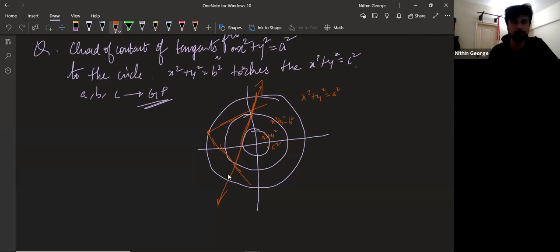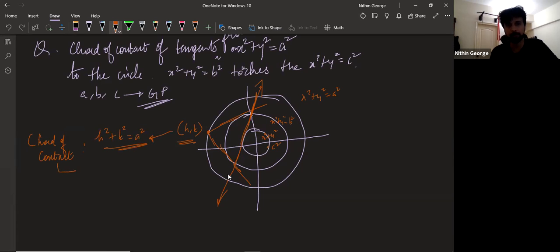We can start with this. Let the point be h comma k, which lies on this. So the chord of contact from the point h comma k to the circle x square plus y square equal to b square becomes, first, h square plus k square equal to a square because it satisfies this circle.